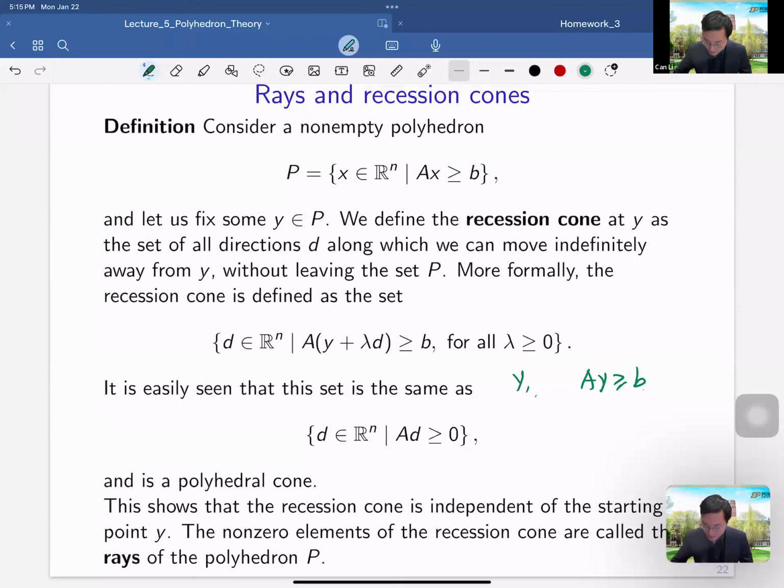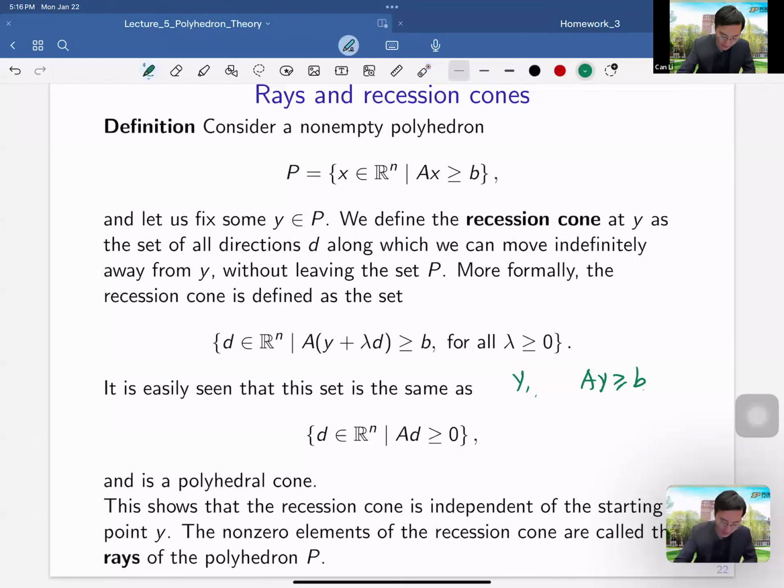Okay. So if you add a direction d such that AD greater than or equal to 0, I'm going to argue that if d satisfies this constraint, you can always go along this direction d indefinitely, right? So in other words, we need to argue that when d satisfies this constraint, this inequality must hold.